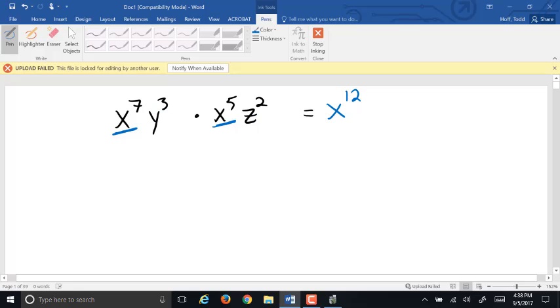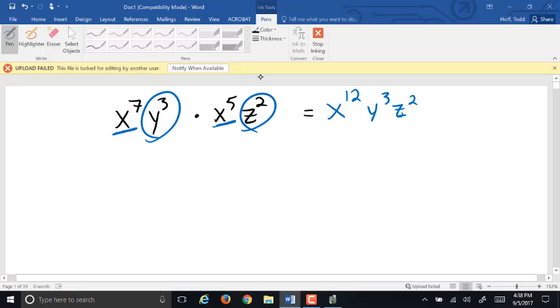Now, the y and the z, there's no other y's to combine with the y, and there's no other z's to combine with the z. So they're just going to stay as they are. The question is, what order do we put them in? And we mentioned that earlier, alphabetical. So the y to the third goes first, the z squared then goes last.